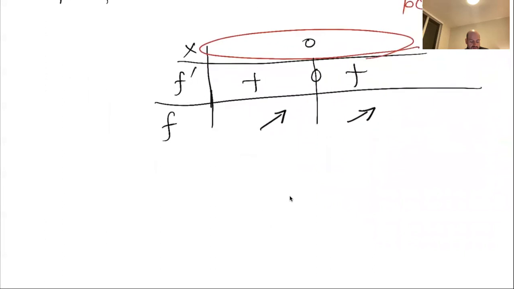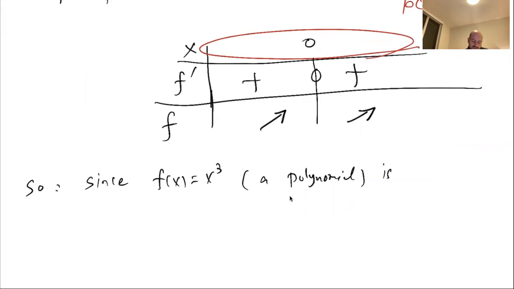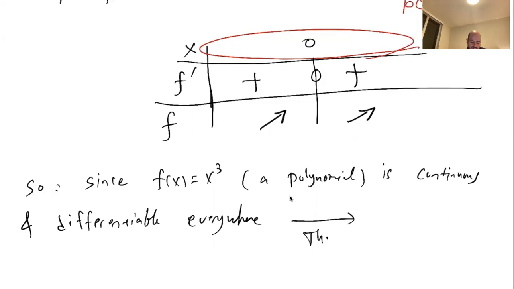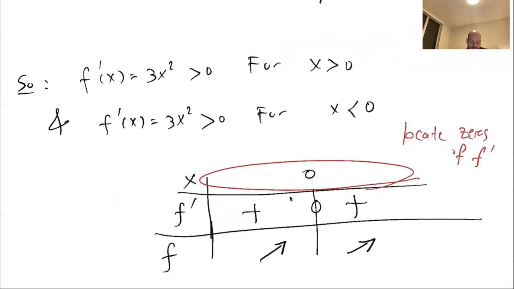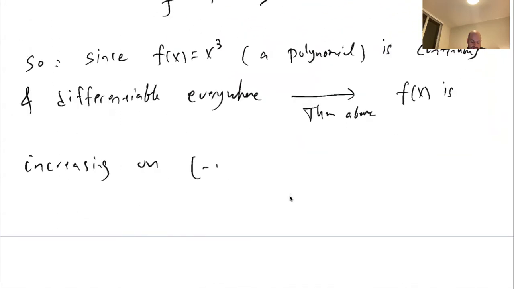Now, what can I conclude? Since f of x equals x cubed, a polynomial, is continuous and differentiable everywhere, by the theorem above, we can say that f of x is increasing for x less than 0, which means on minus infinity to 0.